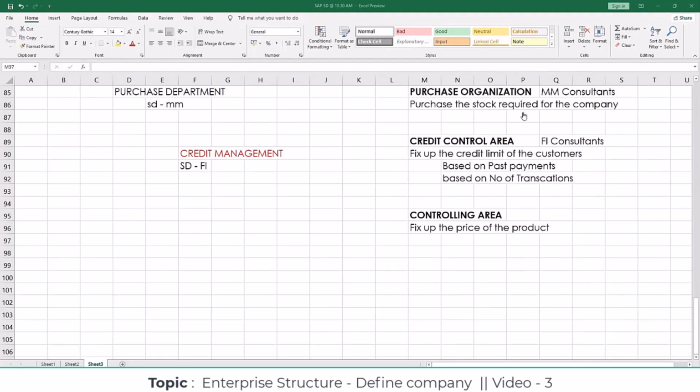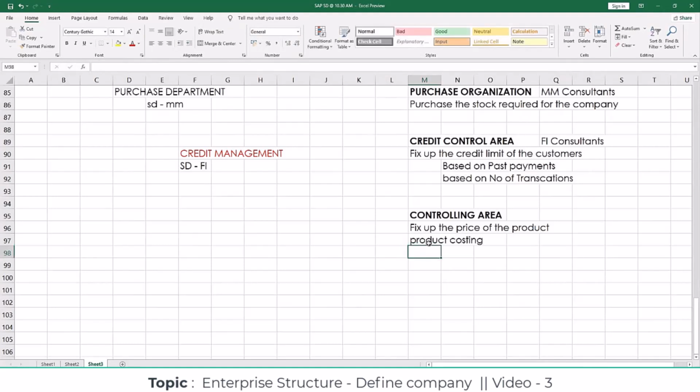Okay, now see. Here, there's going to be the department controlling area. What they do is basically fix the price of the product. At what price we need to sell the product in the market, that price is going to be fixed by the controlling area over here. That's what this department is going to be doing. This concept is what we call product costing.